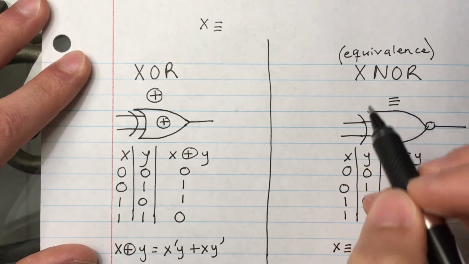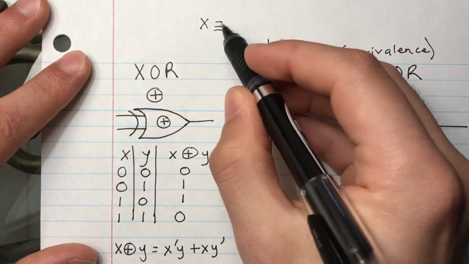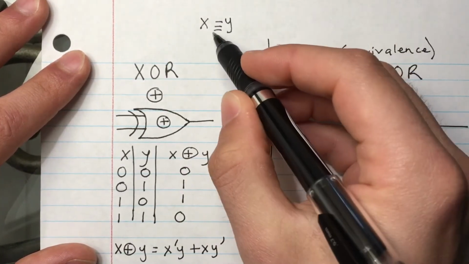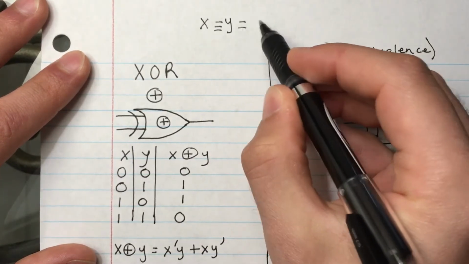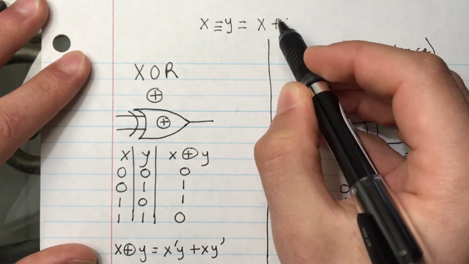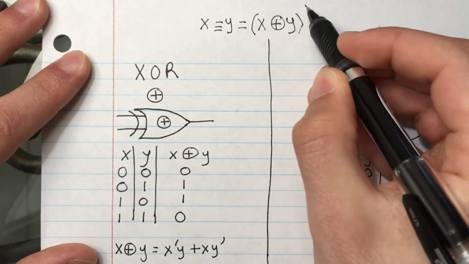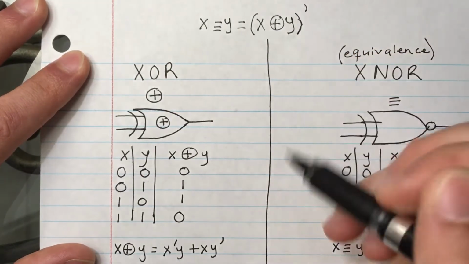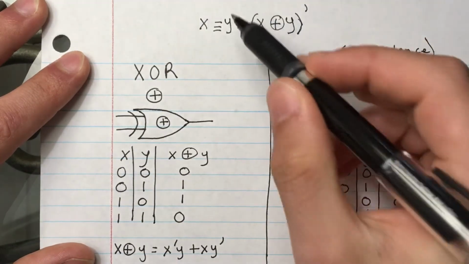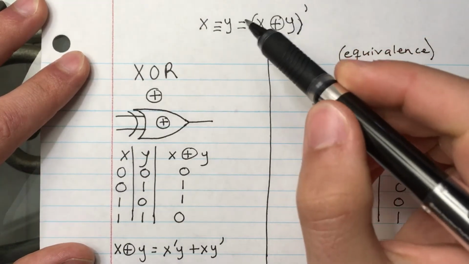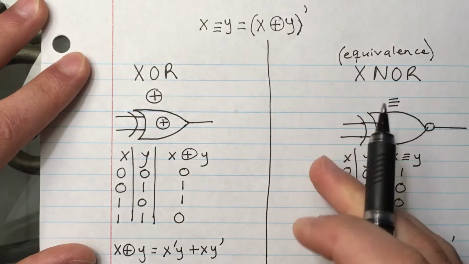especially in digital circuits. So if you have the XNOR, that is equal to the complement of the XOR. So you could apply De Morgan's law, and you would end up getting the expression for XNOR.